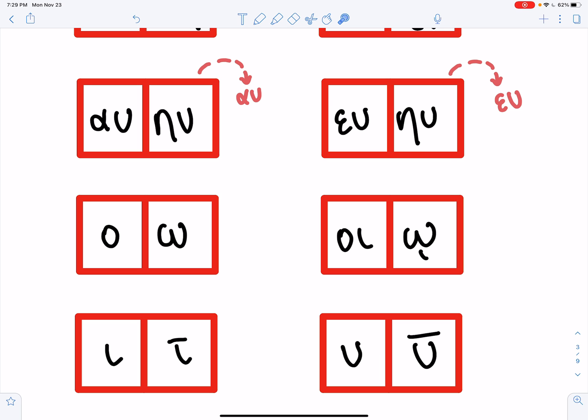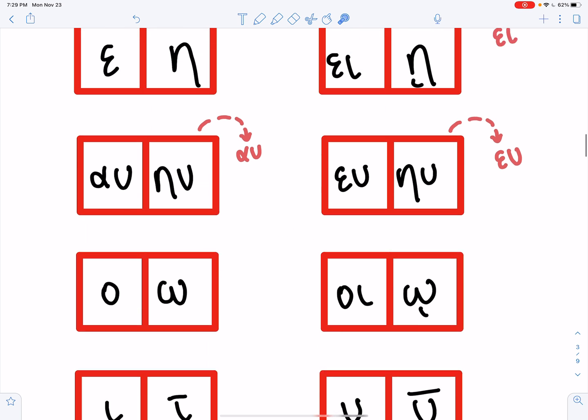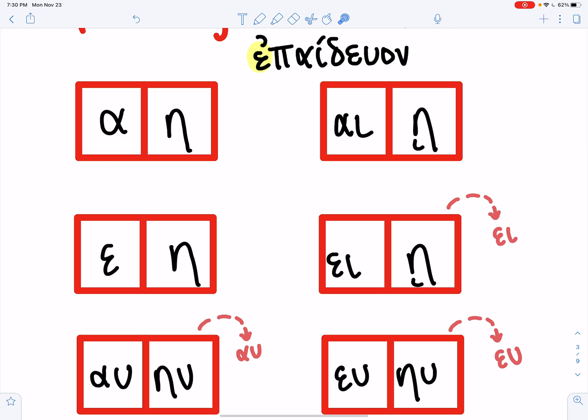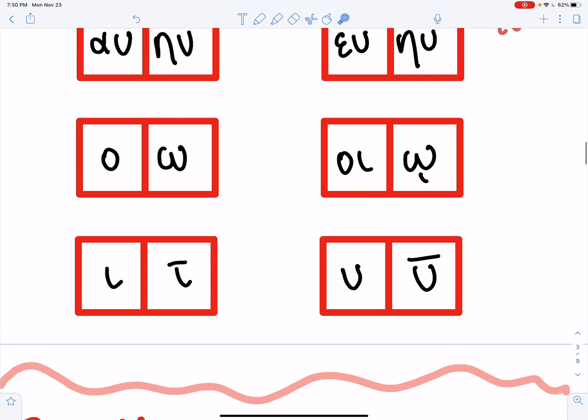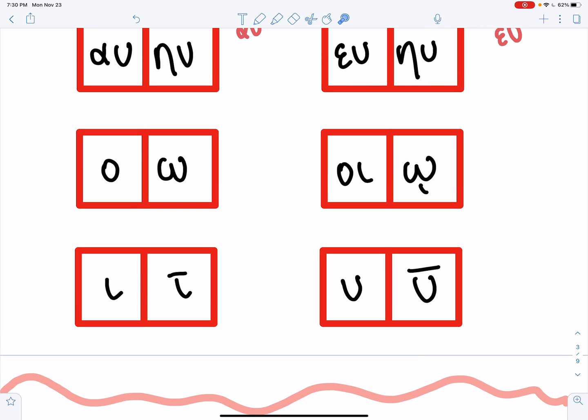And this also follows our earlier rule where alpha turns into eta, and alpha iota turns into eta with an iota subscript, or same thing with epsilon, and epsilon iota into eta with an iota subscript. Here it's basically the same thing, just with omega. So omicron turned into regular omega, so omicron iota is going to turn into omega with an iota subscript.